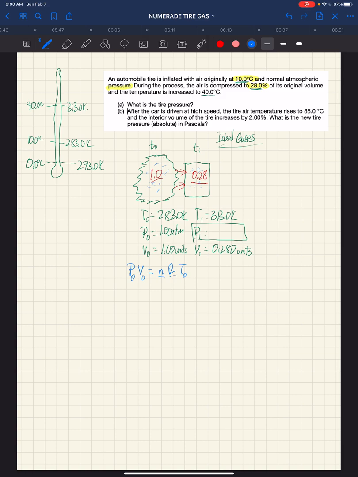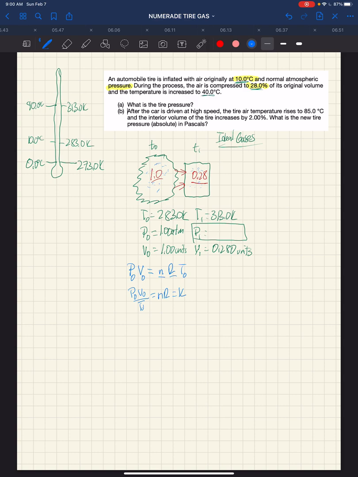So these two would be constant. So separating our variables from our constants, we end up with P0 V0 over T0 equals nR, which is a constant. So we know that the product of the pressure and the volume, divided by the temperature, is going to remain a constant. That constant is equal to the number of moles times the gas constant.